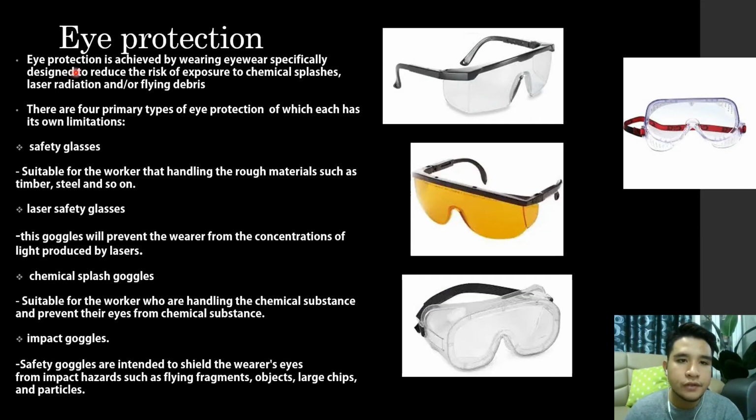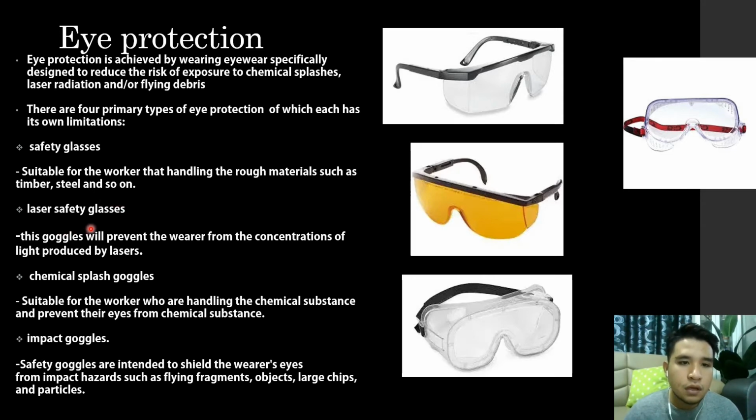Eye protection is achieved by wearing eyewear specifically designed to reduce the risk of exposure to chemical splash, laser radiation, and flying debris. There are four primary types of eye protection, each with its own limitation. Safety glasses are suitable for workers handling rough material such as timber, steel, and so on.